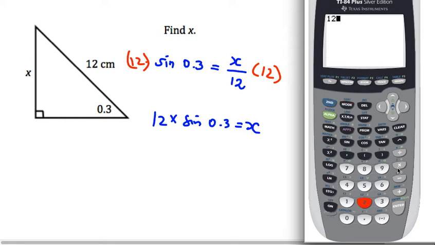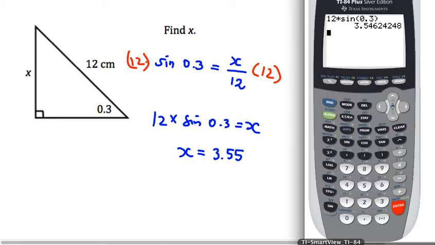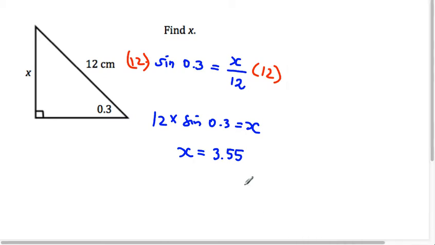So 12 times sine 0.3, which is now in radian unit, equals 3.55 up to 3 significant figures. So the length of that side x is 3.55.